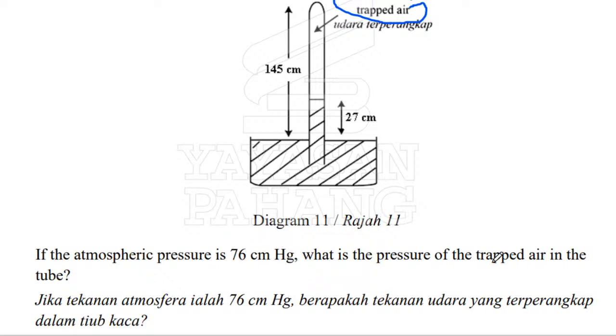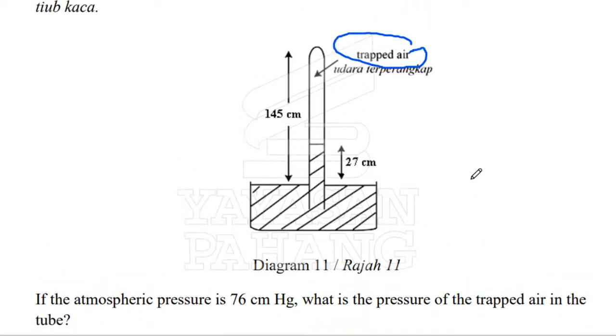So what is the pressure of the trapped air? 49 cm mercury? 42, oh interesting. 49.